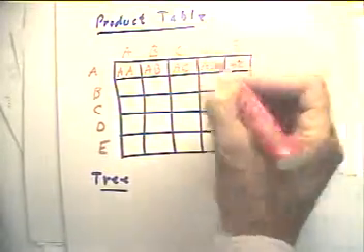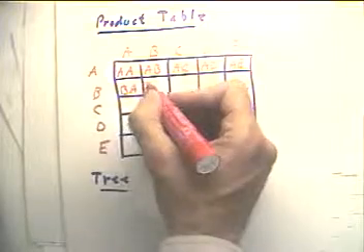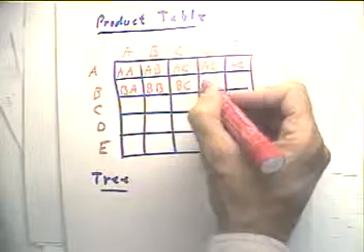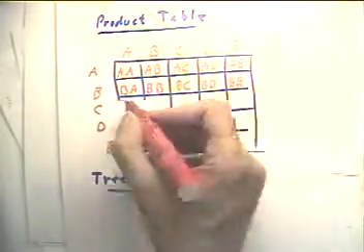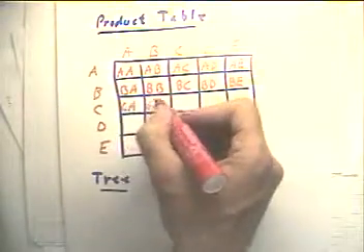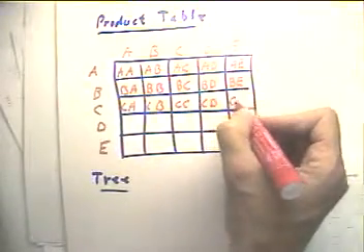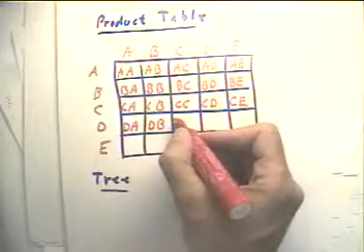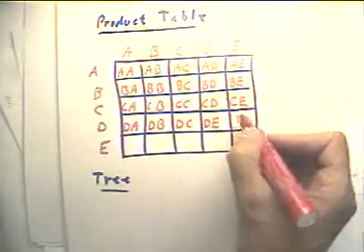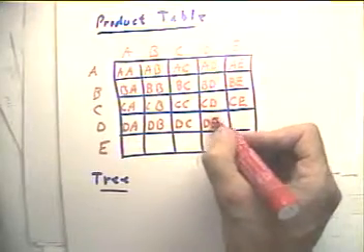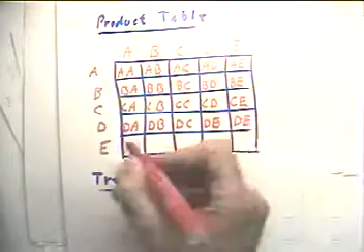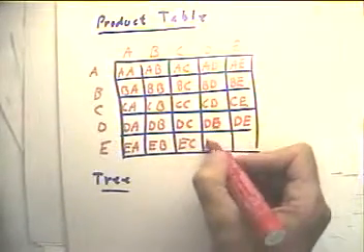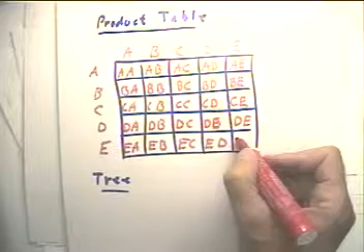AD, AE, BA, BB, BC, BD, BE, CA, CB, CC, CD, CE, DA, DB, DC, DD, sorry, and DE, EA, EB, EC, ED, and EE.